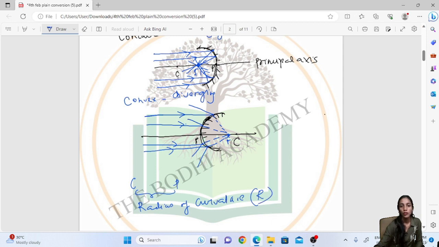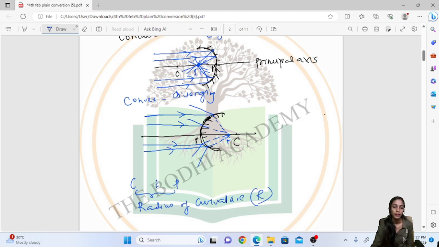Now you have noticed that between this C and P we have found another quantity, which is the focal length, related to the principal focus. It should come exactly in between. So the principal focus lies midway on the radius of curvature, which means it divides the radius of curvature into two parts.